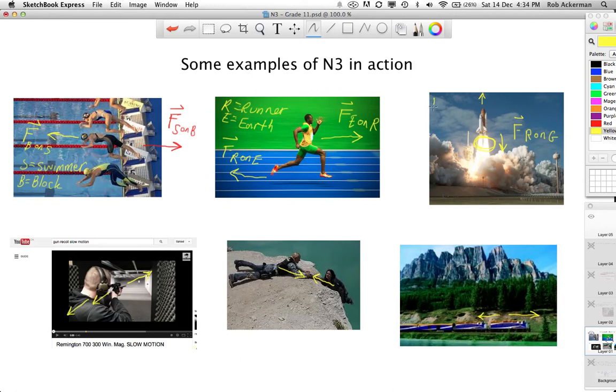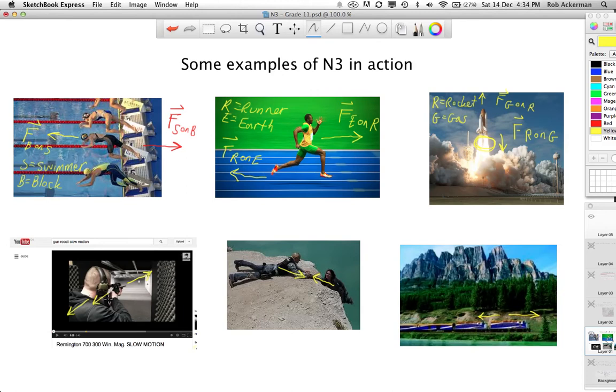And so R equals rocket, G equals gas. In return, the upward force is the force of the gas on the rocket. Remember, it's not the ground that's pushing up. We know this because once spaceships get way up in the air, there's no ground anywhere near them to exert that force.